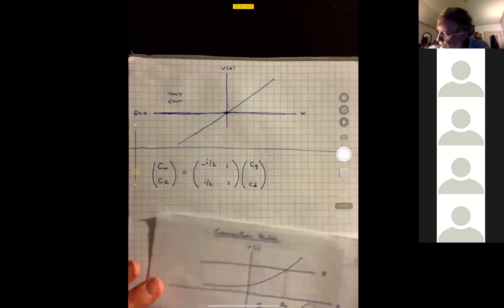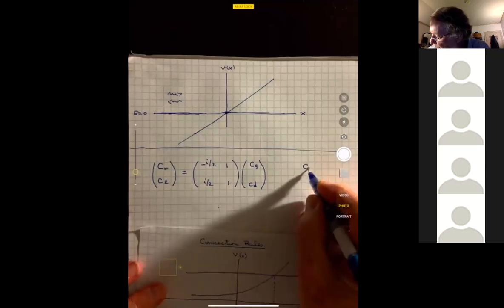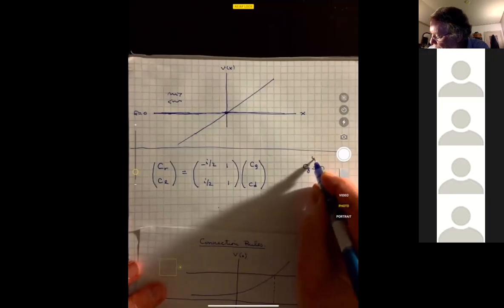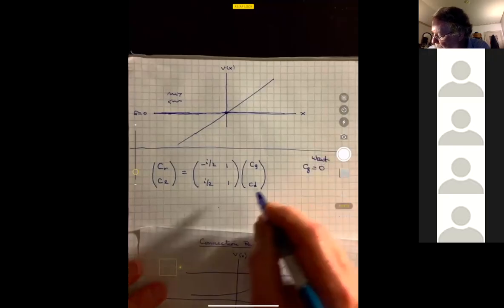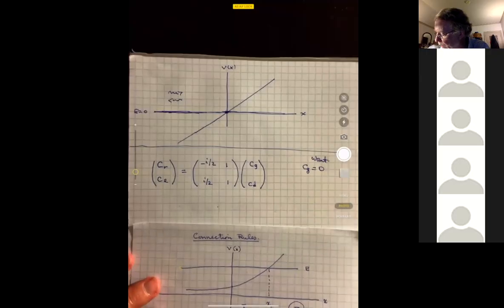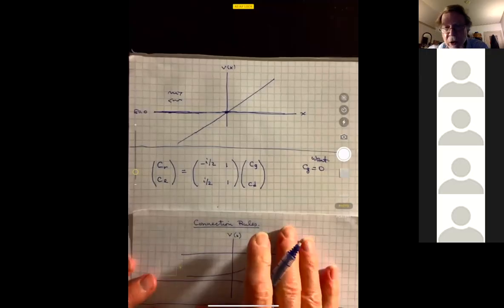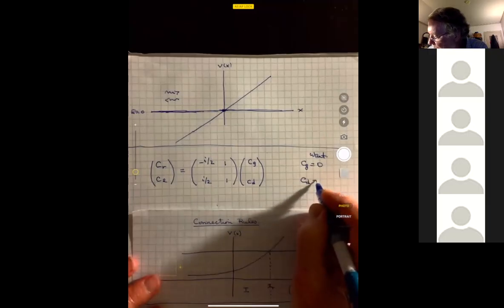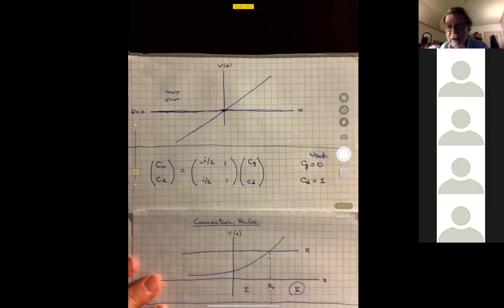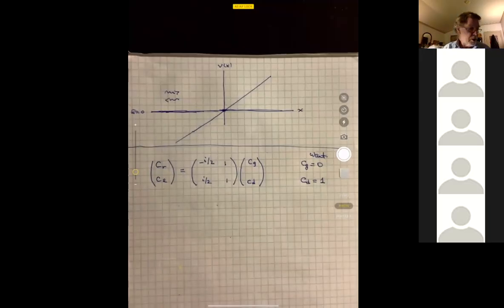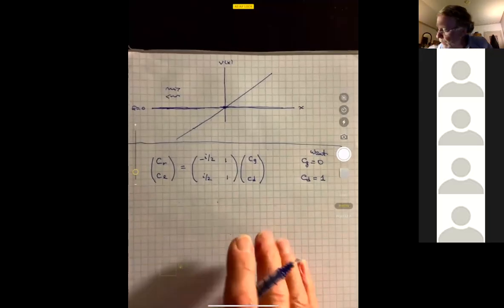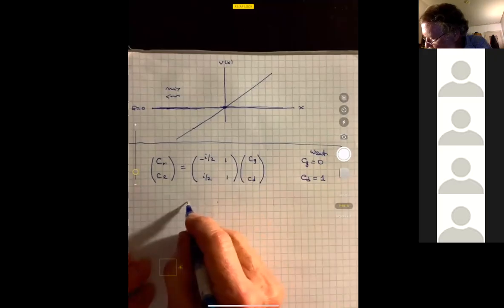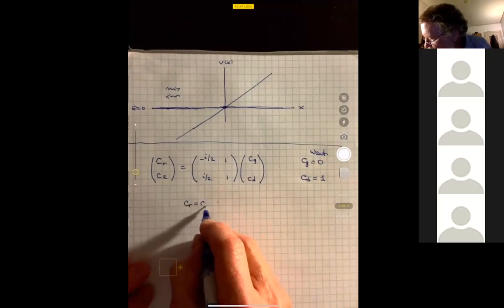And so we want a solution in which c sub growing is equal to 0. And as far as c sub damped is concerned, we can set it equal to anything we want because it amounts to just the normalization of the wave function. If we don't care about that right now, let's just set it equal to 1 because it's as convenient as anything else. So if we do that, then you can plug these in here. And what you find is that CR is equal to CL is equal to 1.